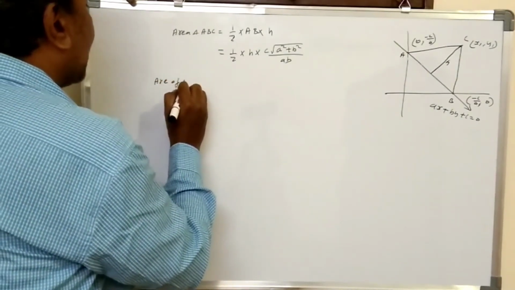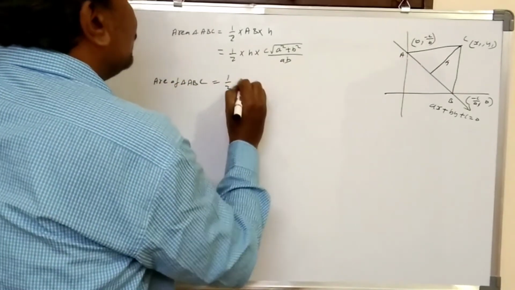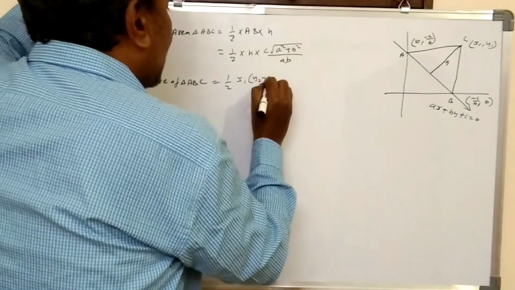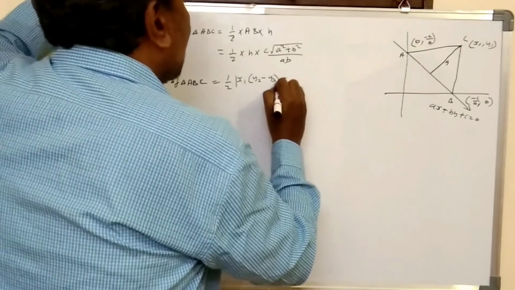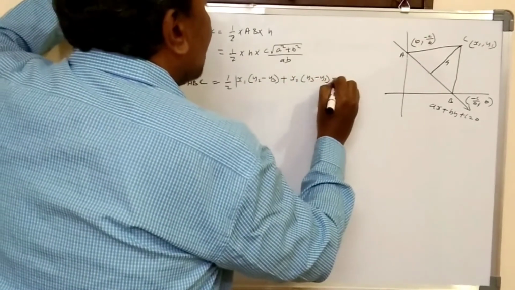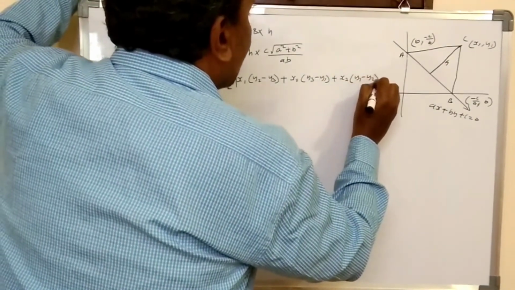Area of triangle ABC is equal to half mod of x1 into (y2 minus y3) plus x2 into (y3 minus y1) plus x3 into (y1 minus y2).